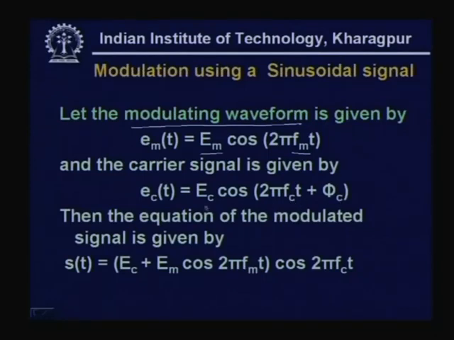Here you see the maximum amplitude is E_c, it has frequency f_c and a phase difference φ_c. Then the equation of the modulated signal can be given by s(t) = (E_c + E_m cos(2π f_m t)) cos(2π f_c t). So, this is the signal which is generated after modulation.